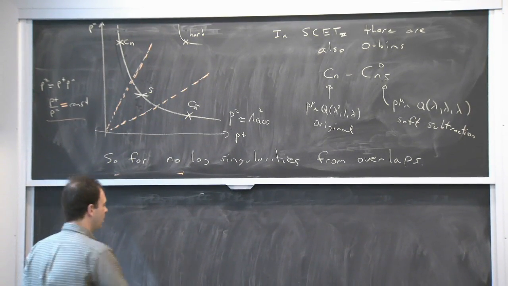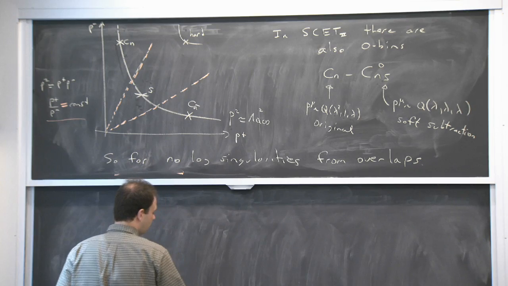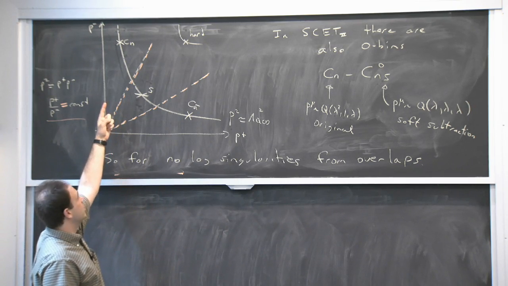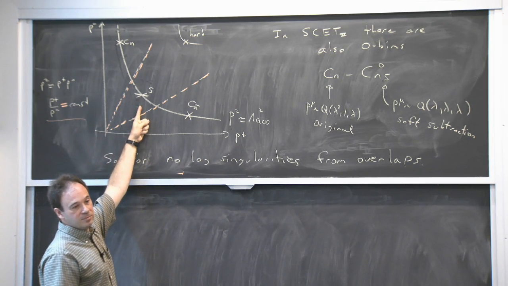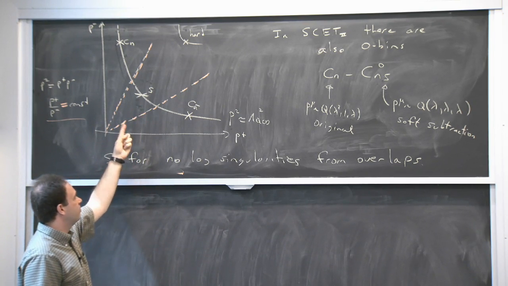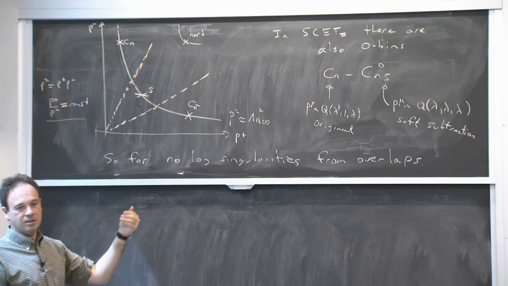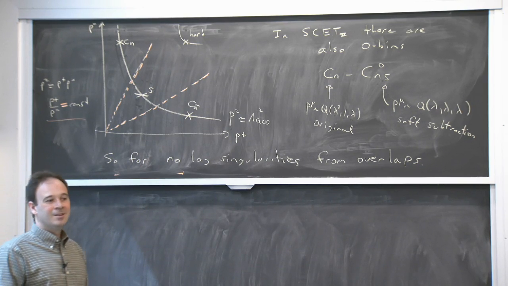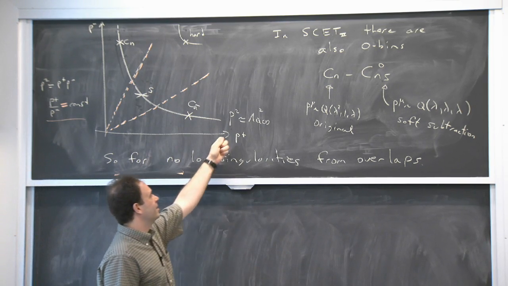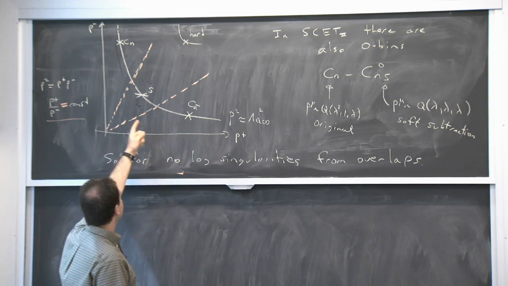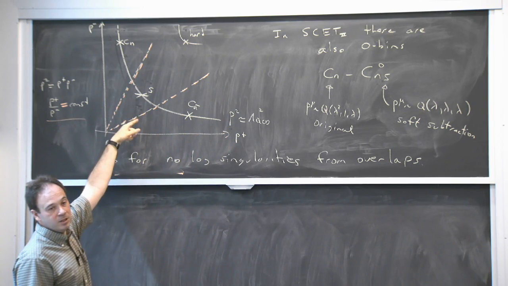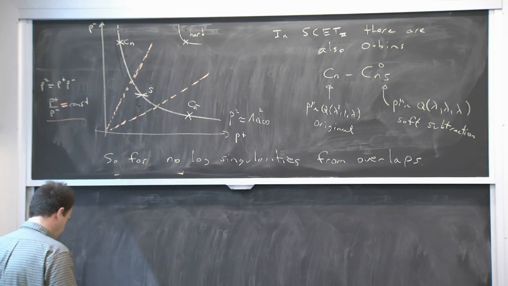When you use dimensional regularization, it turns out it is not sufficient to regulate a divergence that would happen when the Cn comes down on top of the S. The reason is that dimensional regularization is a Lorentz invariant regulator. So it's regulating Lorentz invariant things like p squared, not something like the rapidity, which is this p plus over p minus, that you would need to distinguish these modes.